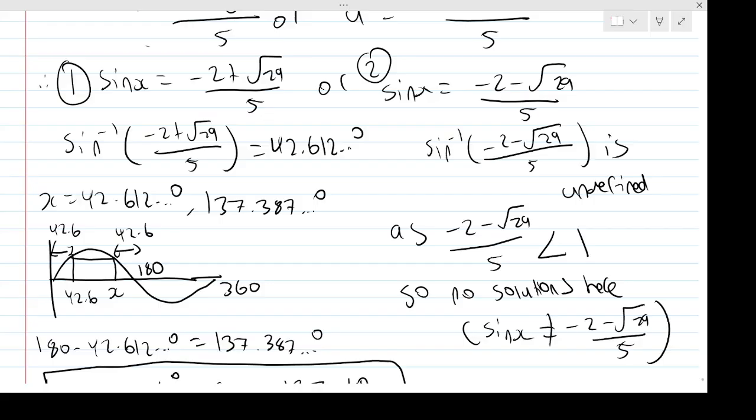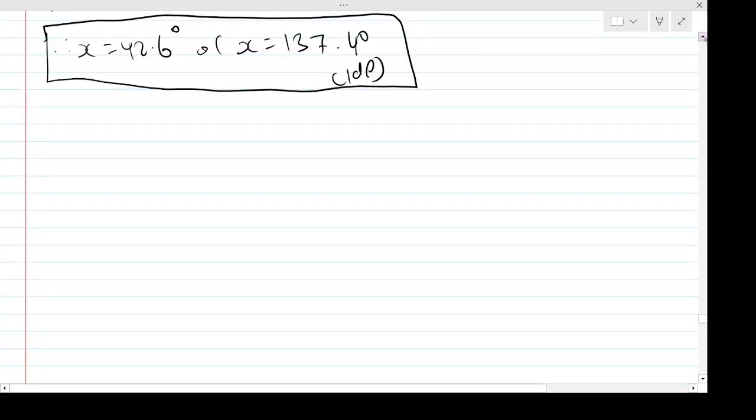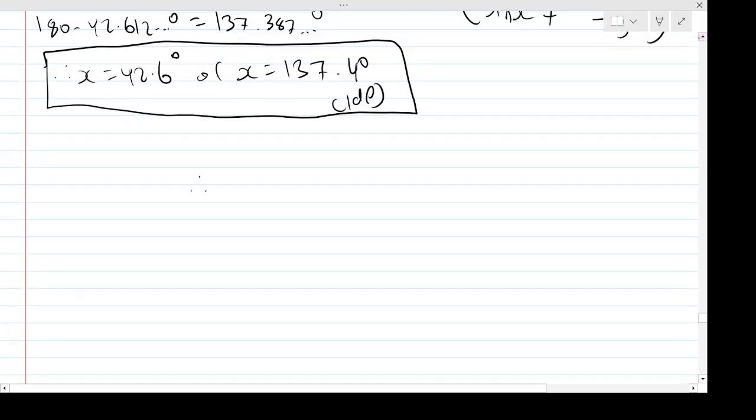It can't be equal to this value because it's outside the range that sine can be. Sine can't be less than minus 1, so anything less than minus 1 cannot happen. Therefore there are no solutions. But actually overall then, my solutions are exactly just 42.6 and 137.4, right? And there we are.